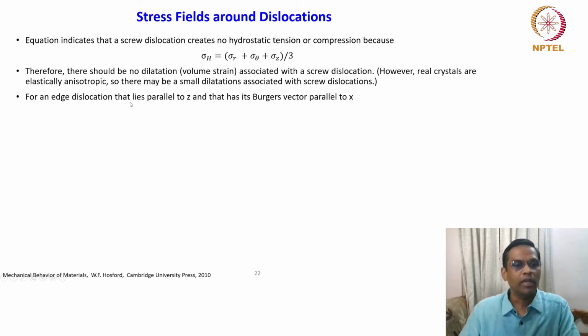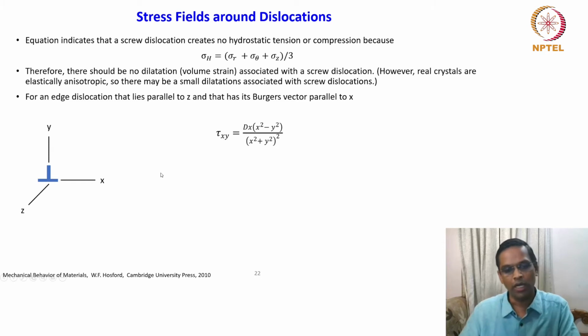For an edge dislocation that lies parallel to z and has its Burgers vector parallel to the x-axis, the situation is slightly different. The shear stress is defined like this in Cartesian coordinates.